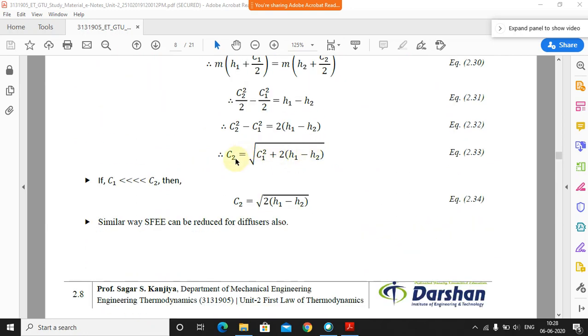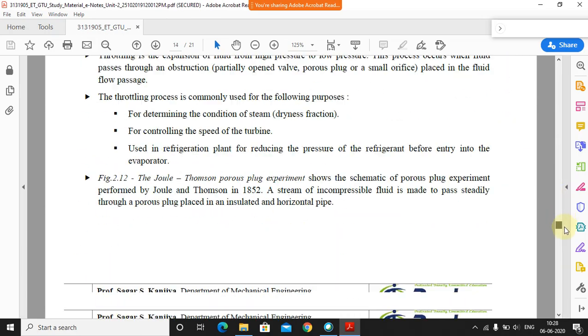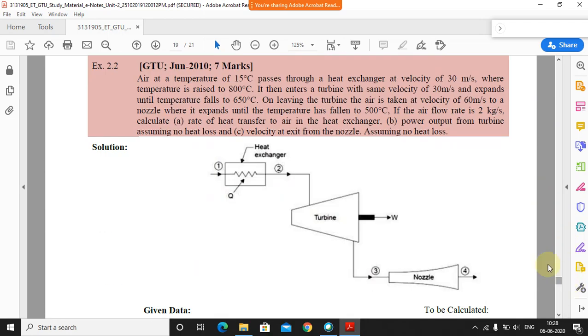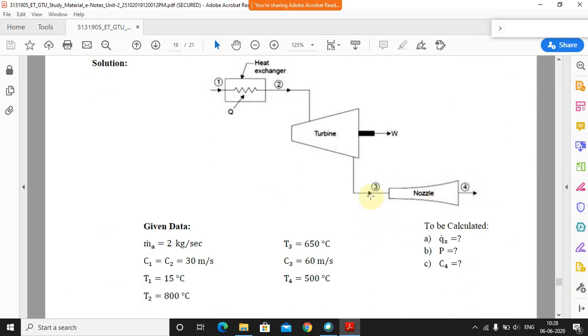Okay, this is the equation for the nozzle, that is C2 is equal to under root of C1 square plus 2 into (H1 minus H2). Now the system is in between third and fourth. See this one. So it will be C4 is equal to under root of C3 square plus 2 into (H3 minus H4).